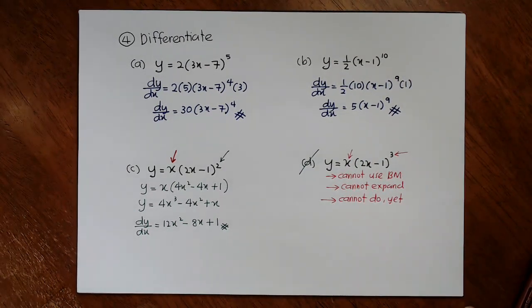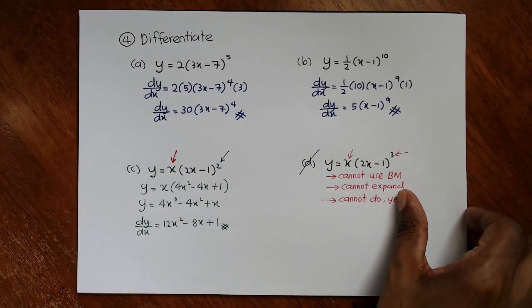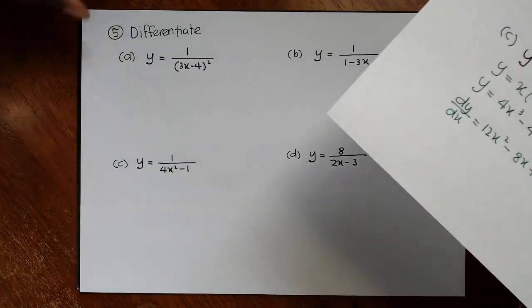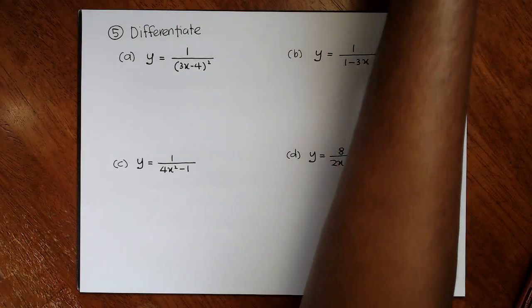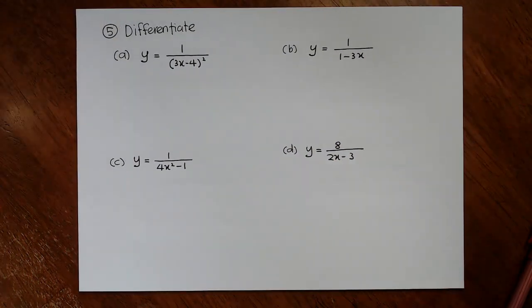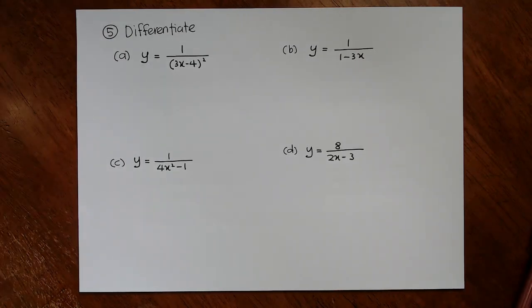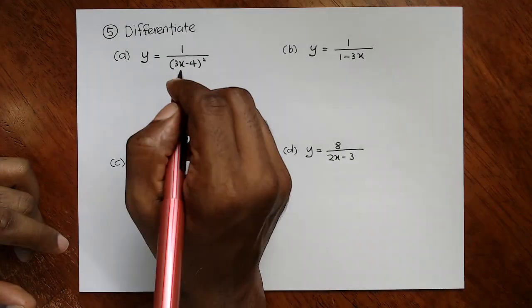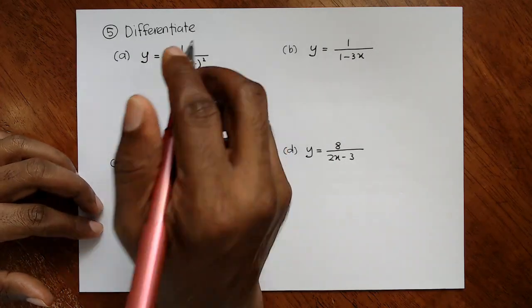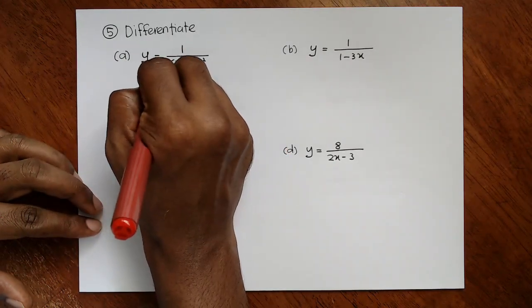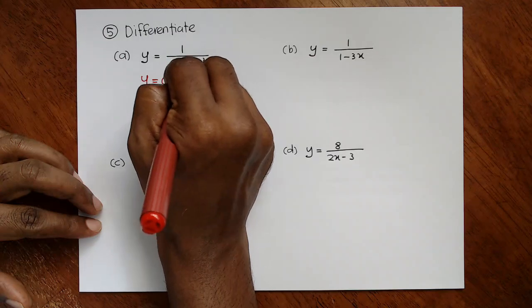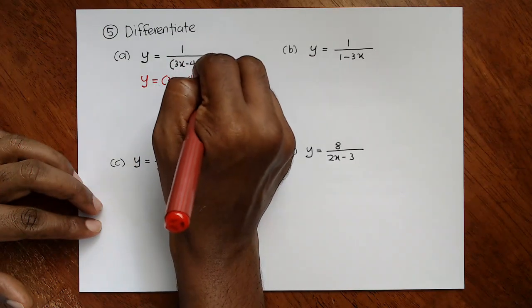Interesting, we have y equals 1 over (3x minus 4) to the power of 2. So what do we do here? We can bring the whole thing up, so we get y equals (3x minus 4) to the power of negative 2, and then differentiate using the bracket method as usual.